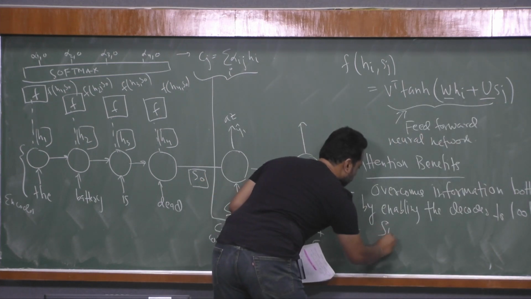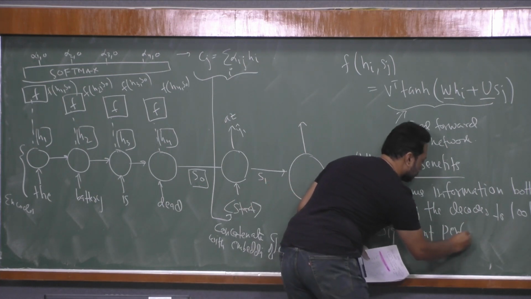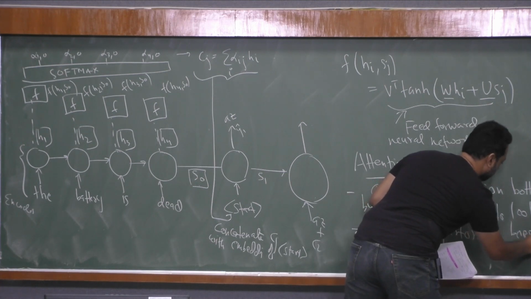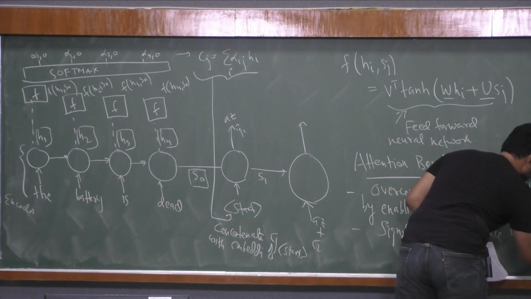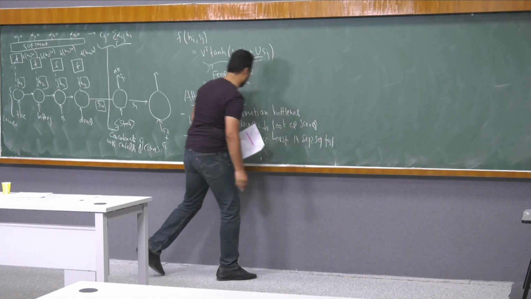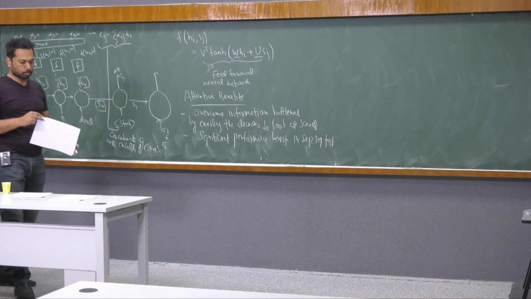So this gives a significant performance boost in sequence-to-sequence tasks. Okay, so these are the benefits of the attention network. Then we may move to transformer.